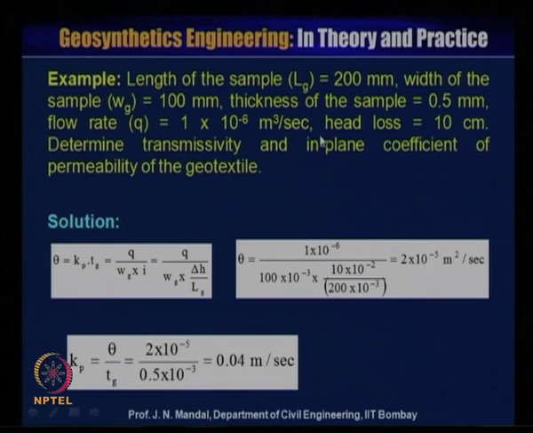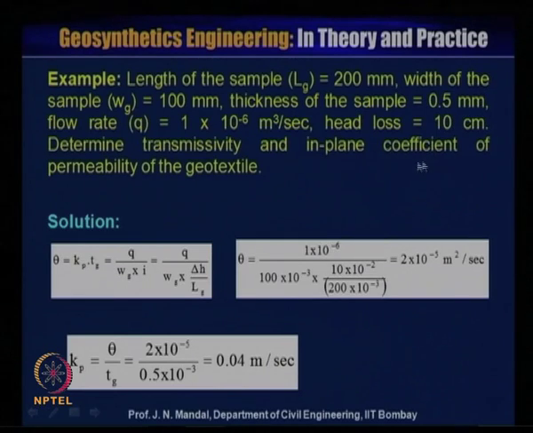Lg is the length of the sample, 200 millimeter, so 200 into 10 to the minus 3. So, you get theta value as 2 into 10 to the power minus 5 meter square per second. This is the transmissivity, and the unit is meter square per second.